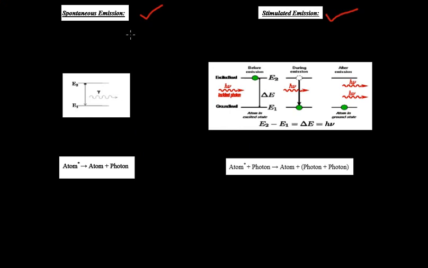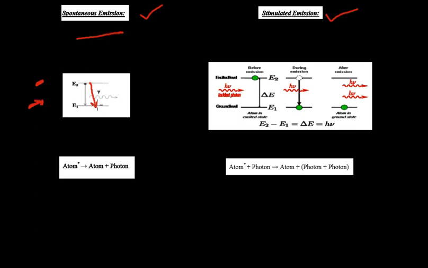So in case of spontaneous emission, we don't have to provide any photon from outside. In this case, without any outside activity, spontaneously the atom which was in the excited state will come back to the ground state without providing any photon from outside.